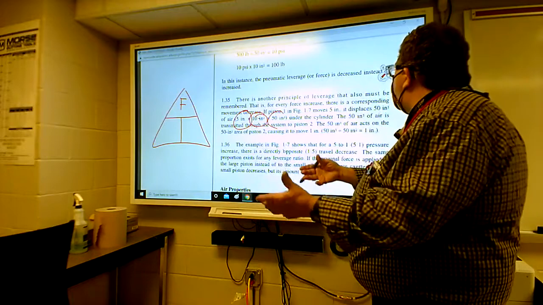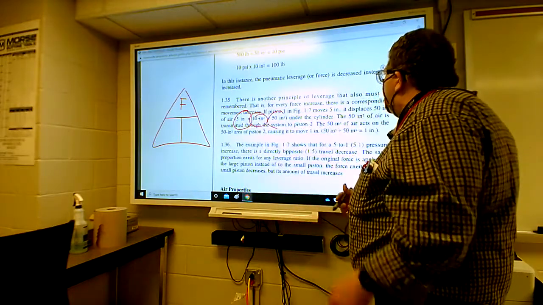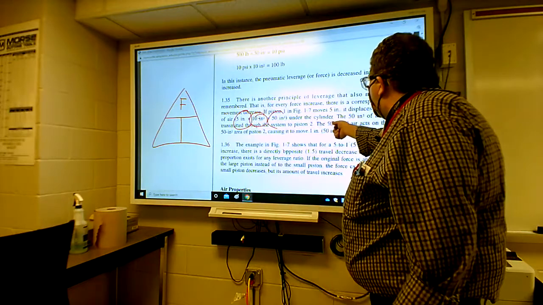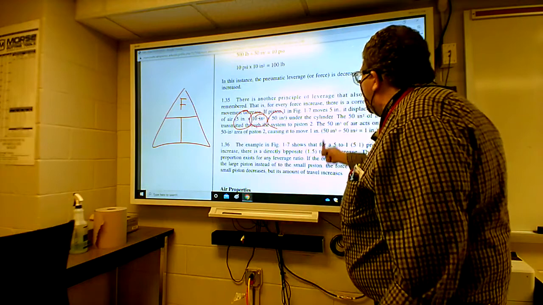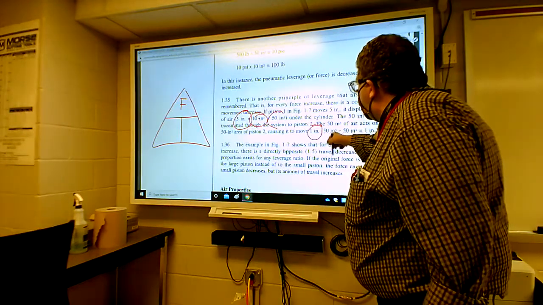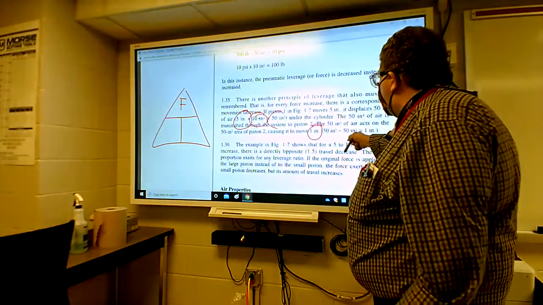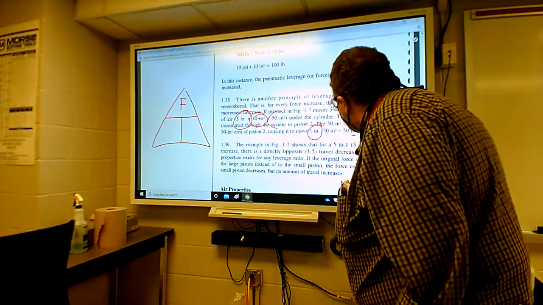You got 50 cubic inches of air that's being pushed through the system to piston 2. And then that much air acts on the 50 square inches of area of the piston, causing it to move 1 inch. The way that works is you take the volume divided by the piston size, and it gives you 1 inch.